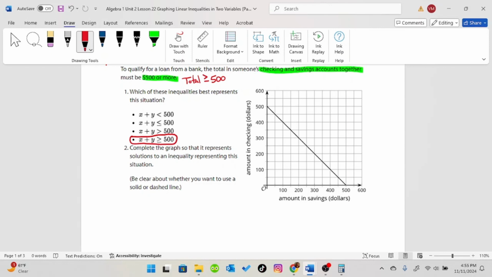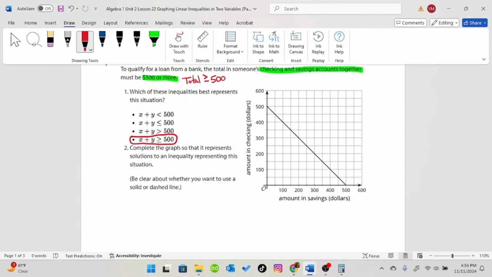Number 2, complete the graph so that it represents solutions to an inequality representing this situation. Be clear about whether you want to use a solid or dashed line.